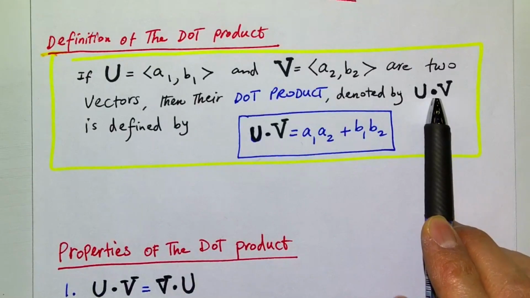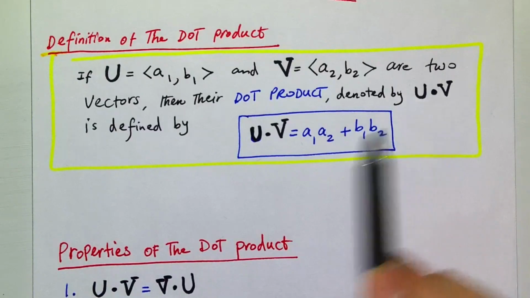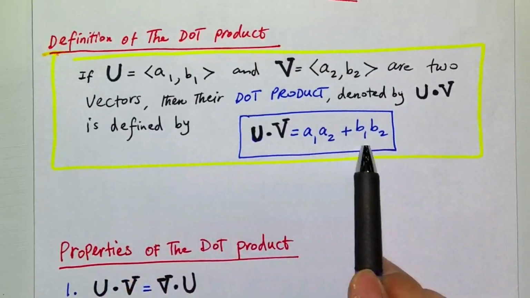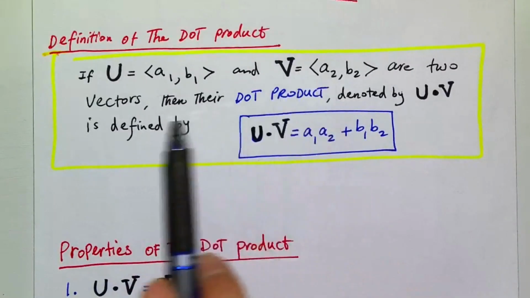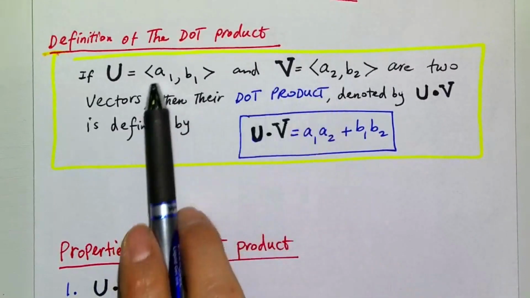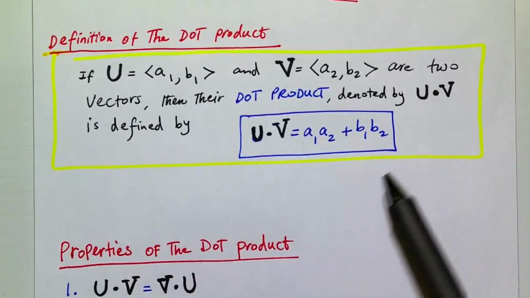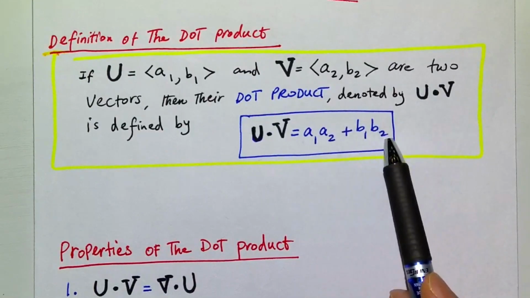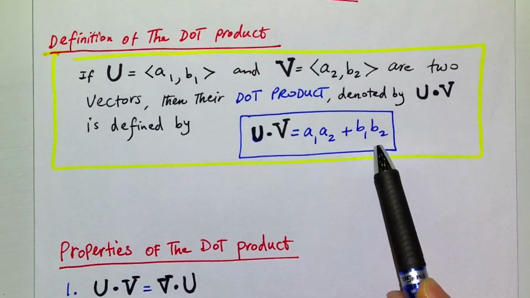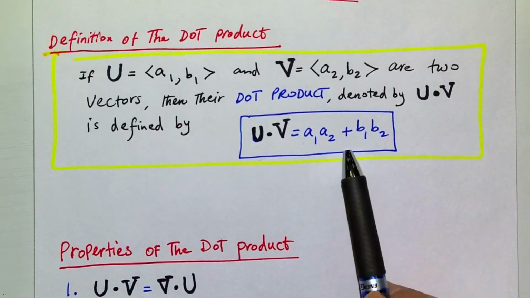That dot is not like multiplication dot, but it's just a dot product, is defined by this operation. So we multiply equivalent components in both vectors and then add the result to get a real number. Like I said earlier, this result itself is not a vector. It's going to be just a number, a scalar.